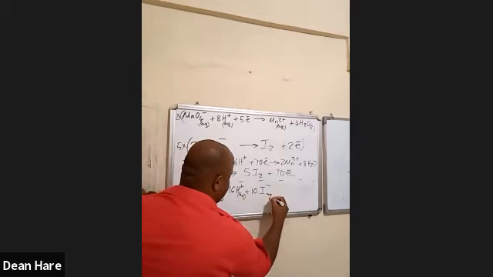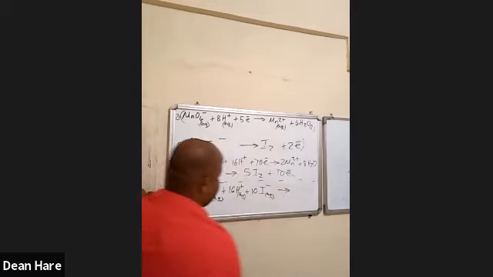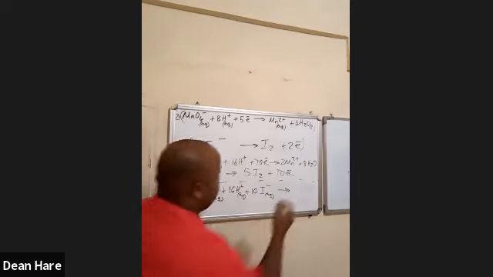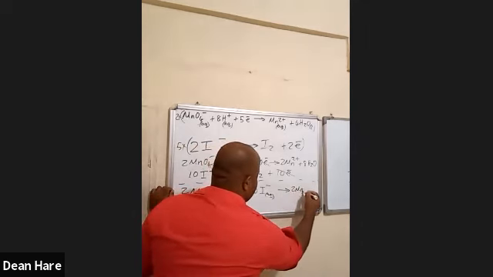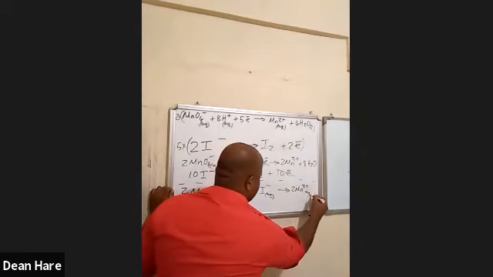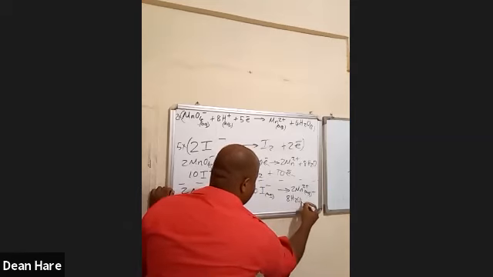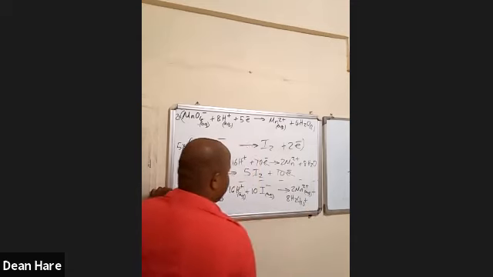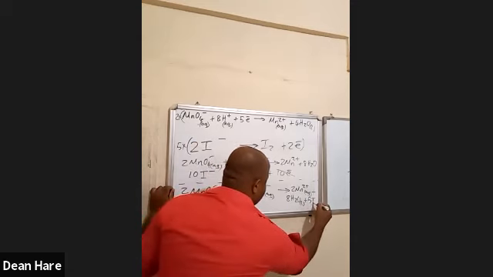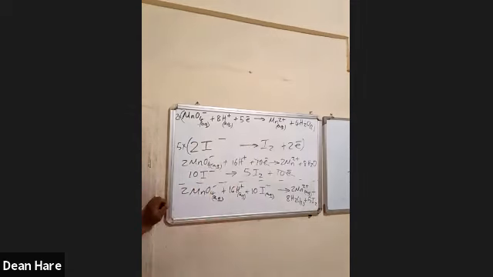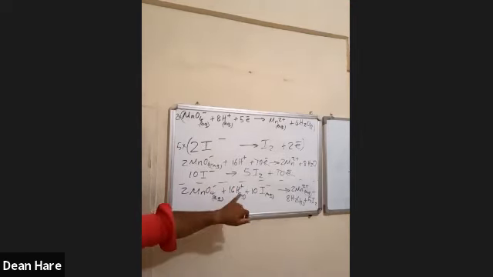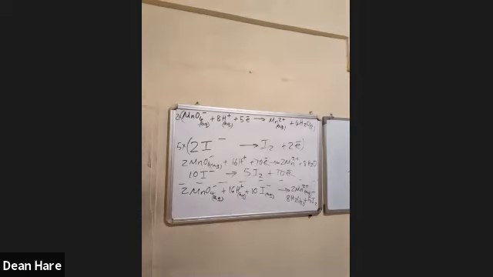All right, and that will produce 2 Mn2 plus plus 8 water plus 5 I2. All right. And so that is our balanced equation for the reaction.